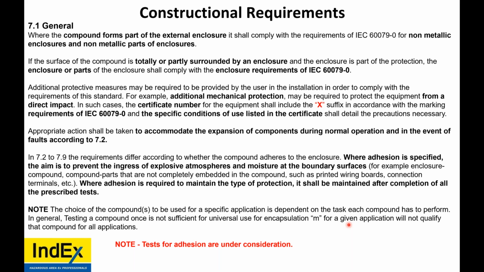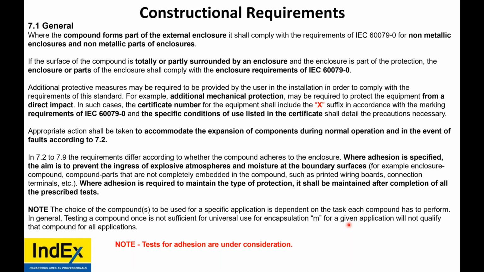where adhesion is specified, the aim is to prevent ingress of hazardous atmosphere and moisture at the boundary surfaces, compound or compound parts that are not completely embedded in the compound, such as printed circuit boards or connection terminals. Where adhesion is required to maintain the protection, it shall be maintained after completion of all the prescribed tests.